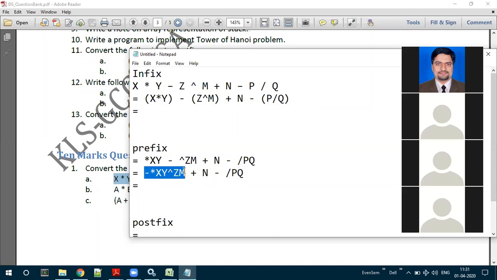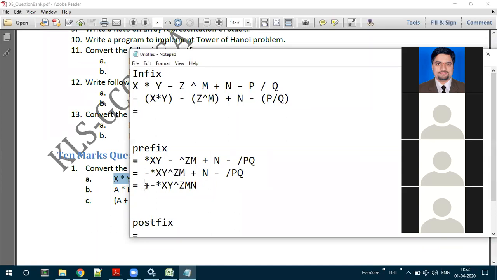Okay. So now here, this is operand one and N is the second operand for addition. So we have to solve this first. To solve this one, what is the operator here? Plus. Then what next has to be written? Minus star X Y power Z M, then N. This is one operation where we have addition.